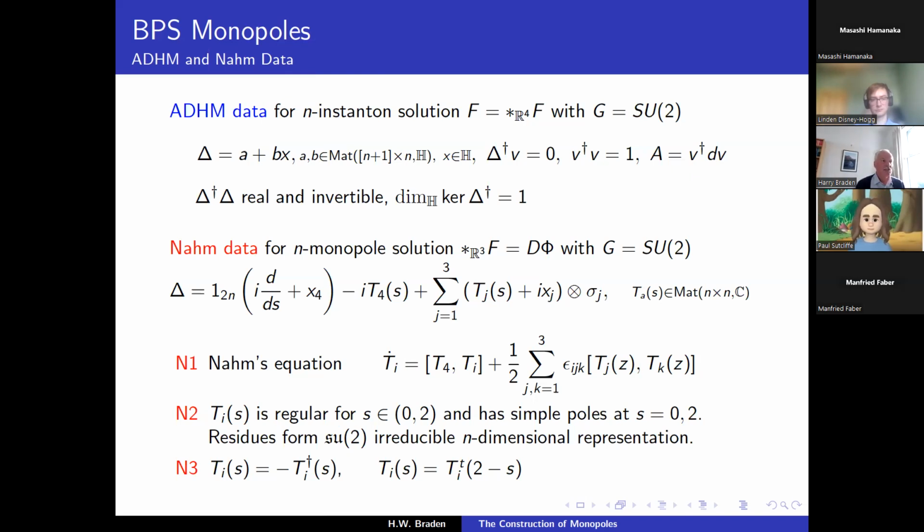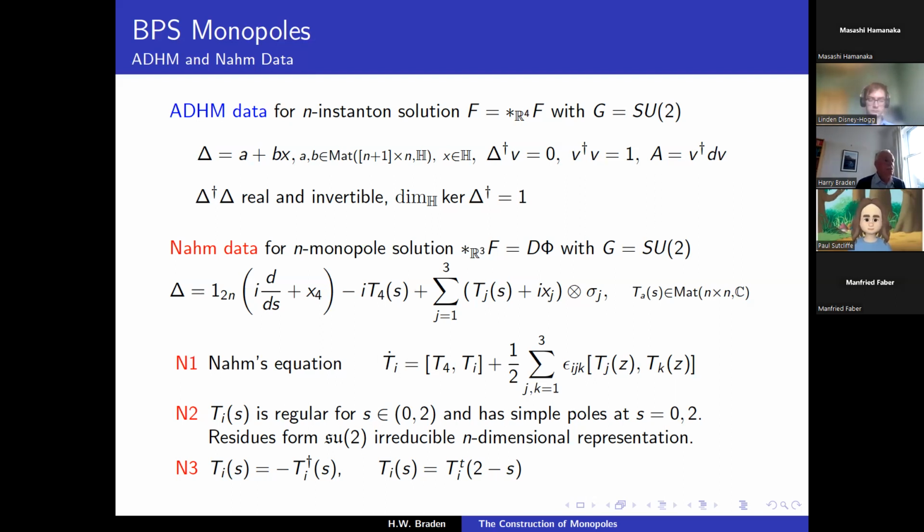So I'm writing this for SU(2), and this is what Paul told us about. So we write down some matrices with quaternionic entries. We solve an equation, delta dagger V being 0, find the solutions or normalize the solutions, and then we can reconstruct the gauge field as V dagger dV.